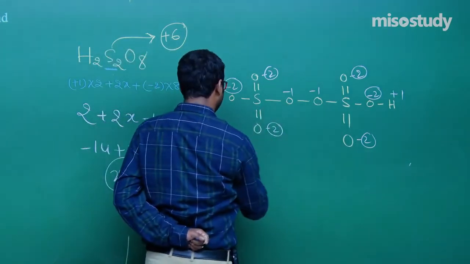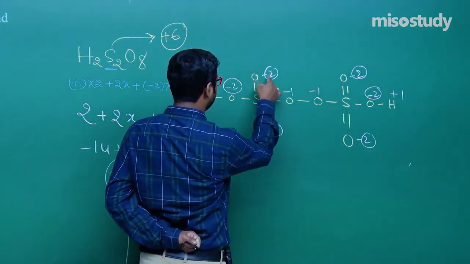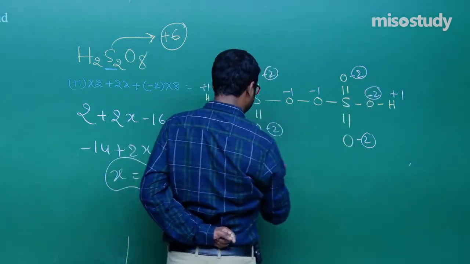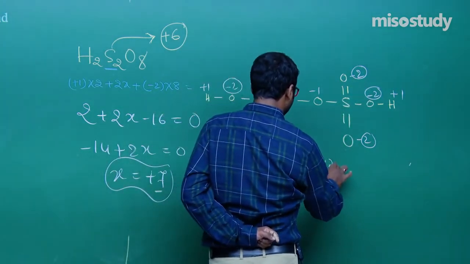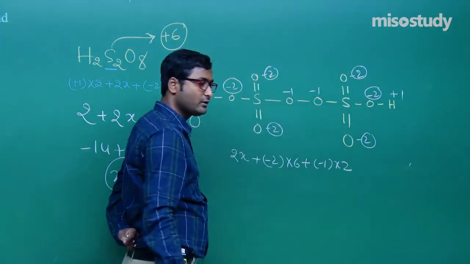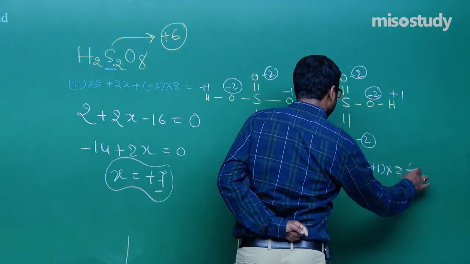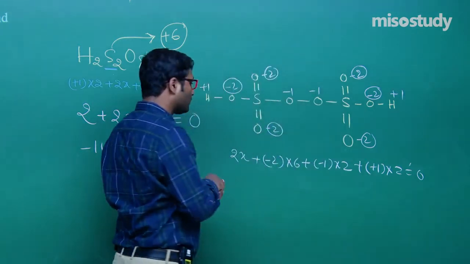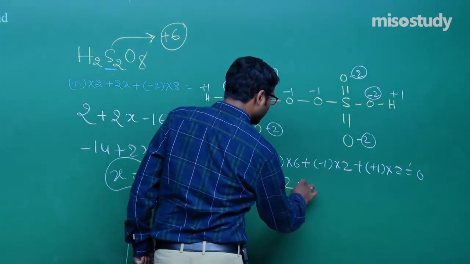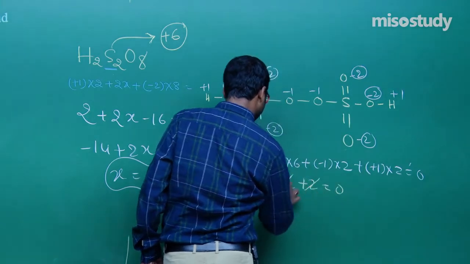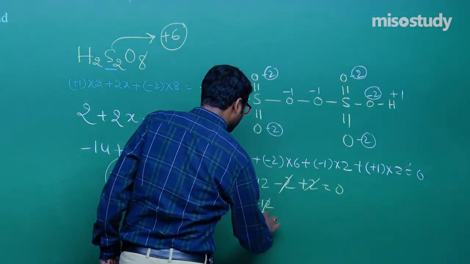That is 2 sulfur, that is 2x, hydrogen 1, 2, 3, 4, 5, 6. That is minus 2 into 6 plus minus 1 into 2, and plus 1 into 2 is equal to 0. Now 2x minus 12 minus 2 plus 2 is equal to 0, so x is equal to plus 12 upon 2.